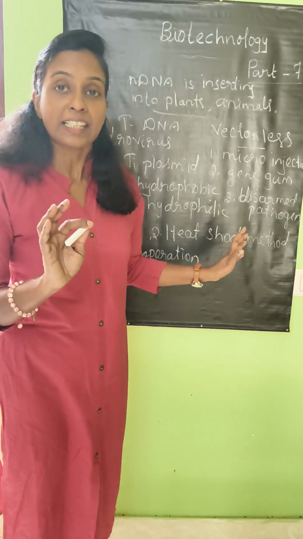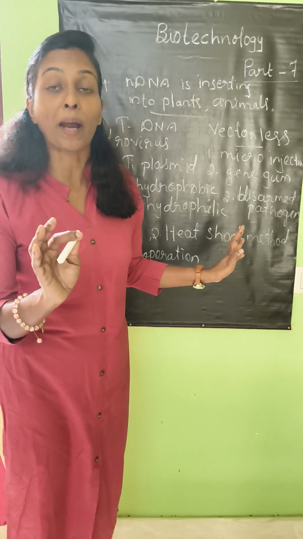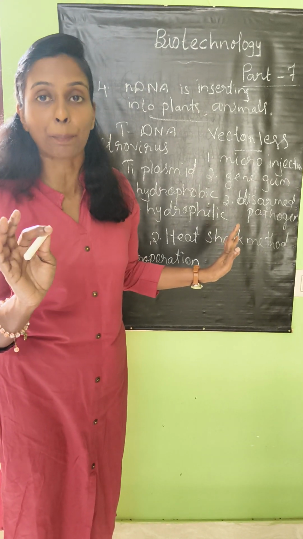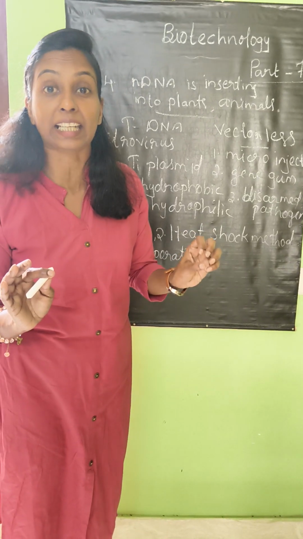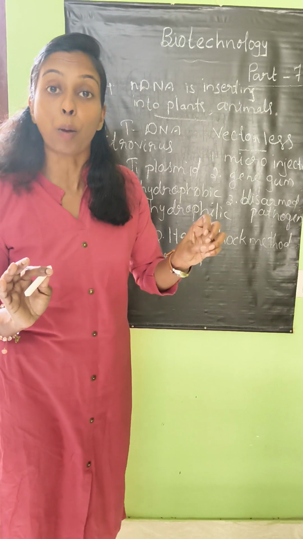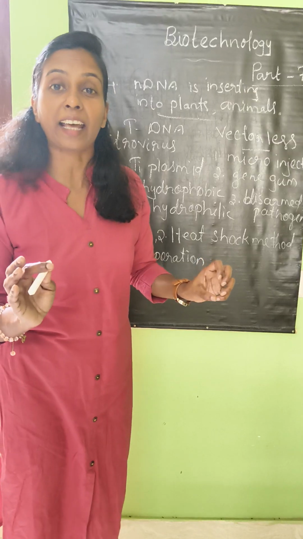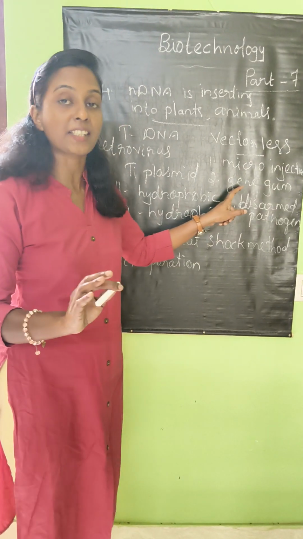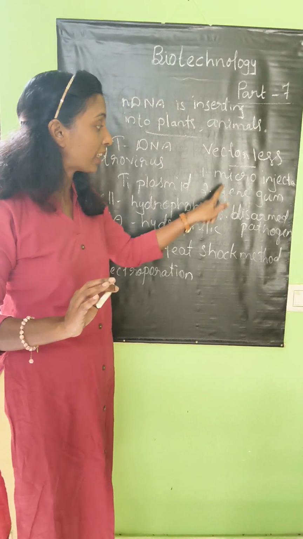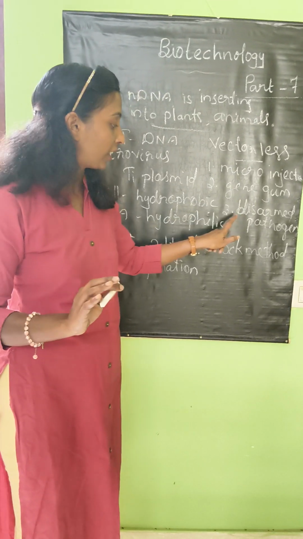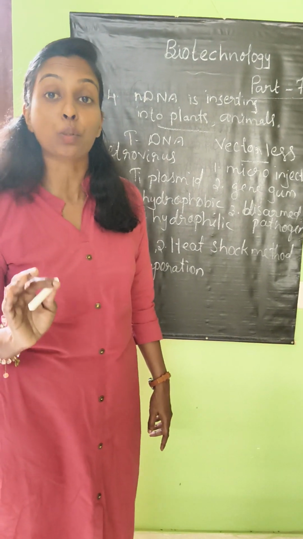Now the gene gun, also called biolistics. It is used for plant cells. The DNA is bombarded on high velocity particles like tungsten and gold and directly shot into the plant cell. So microinjection is for animal cells and the gene gun is used for plant cells. The third one is disarmed pathogen vectors.